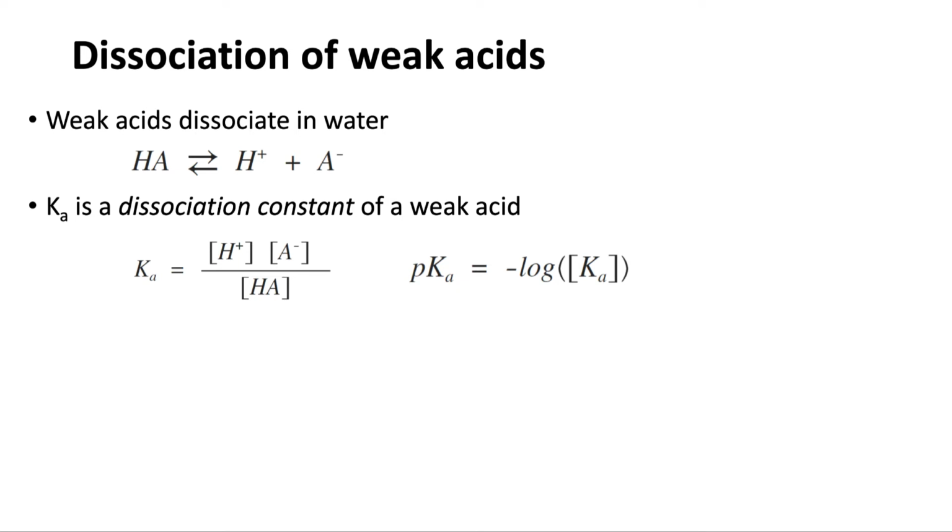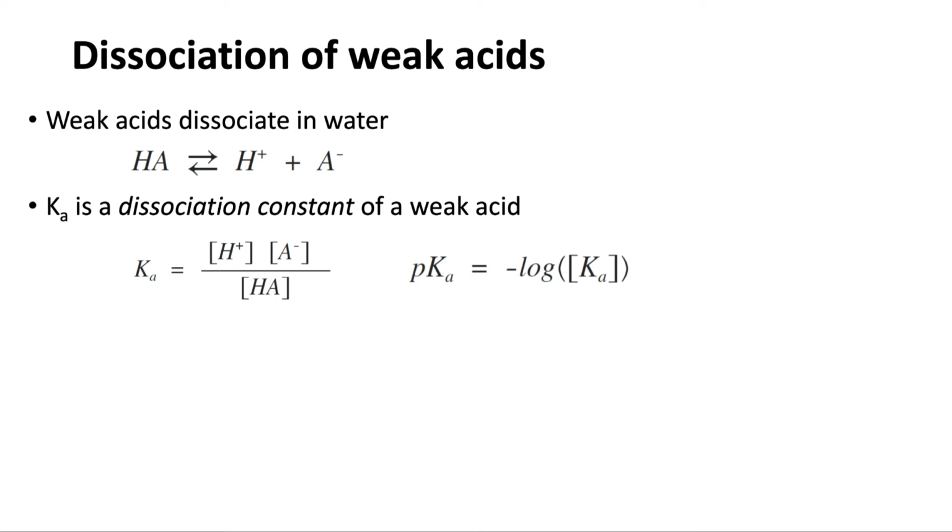Conversely, if the reaction doesn't go very far, if it doesn't dissociate, then you would not have a very high concentration of hydrogen and salt on the right compared to your initial. So Ka is just a way to compare the concentrations of the reaction products over the concentration of the initial product, in this case, the acid. All right, so that's Ka.